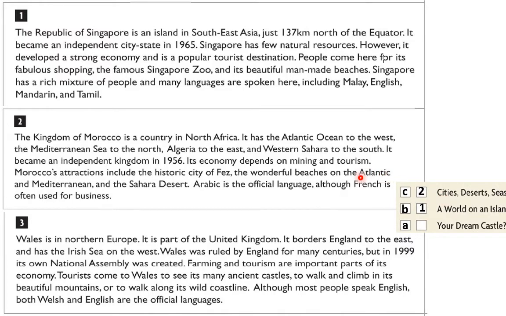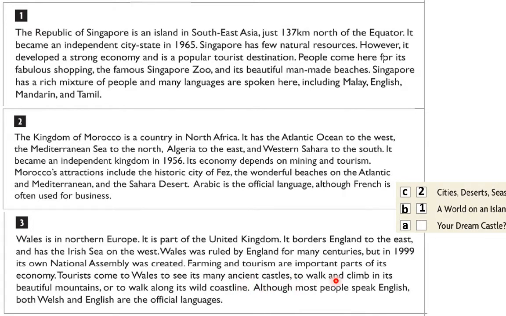The seas are the Atlantic and Mediterranean seas. In this case, paragraph 3 should match with the third topic, which is your dream castle. And to be sure, let us skim and we can see that there is something about castles here.